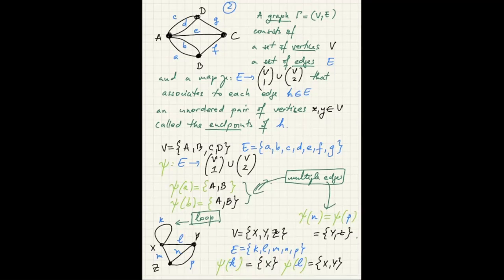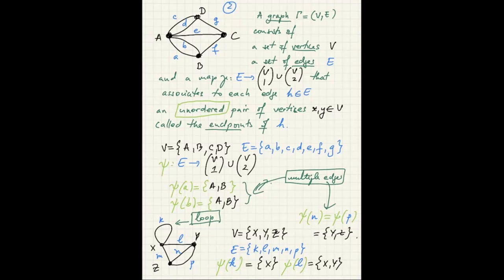So in its greatest generality, the definition of a graph, this is actually an undirected graph, so we don't care about the direction. We're dealing with unordered pairs. So to each edge you can associate either two distinct endpoints, or two endpoints that are actually equal, in which case you get a loop.